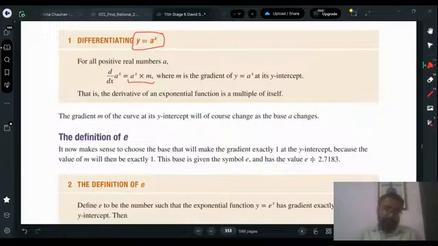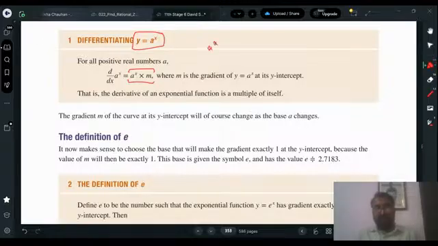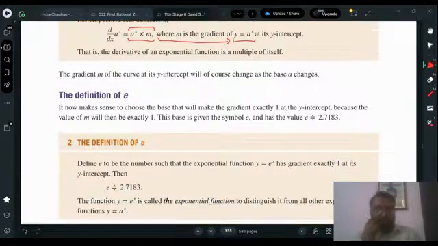If it is not clear to you, the derivative of a power x is a power x into m. And what is m? M is the gradient of y is equal to a power x, that is dy by dx.